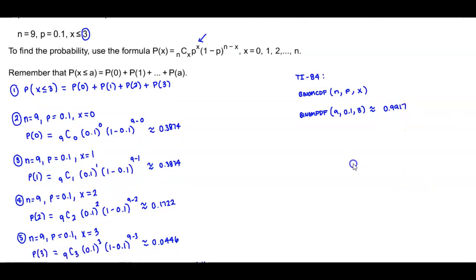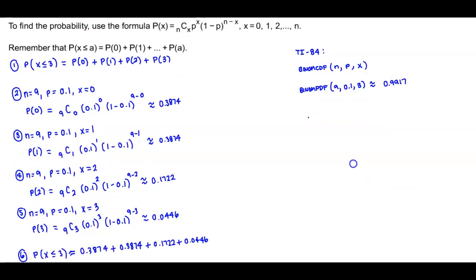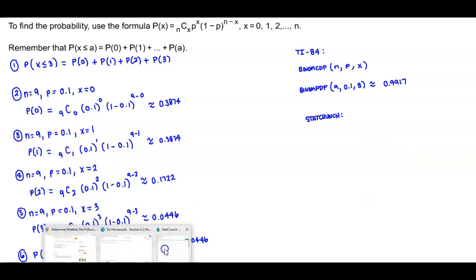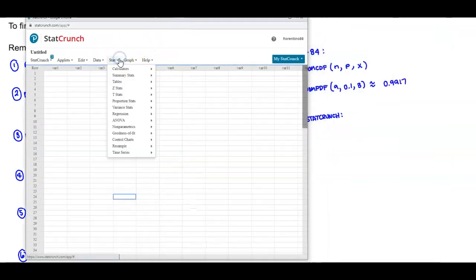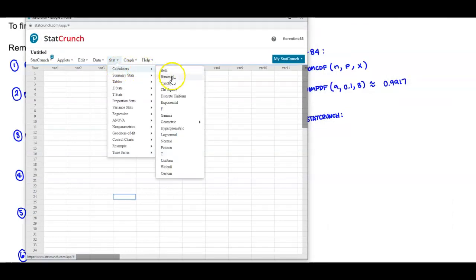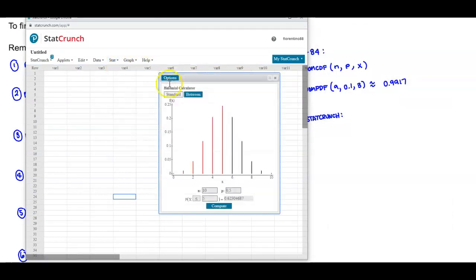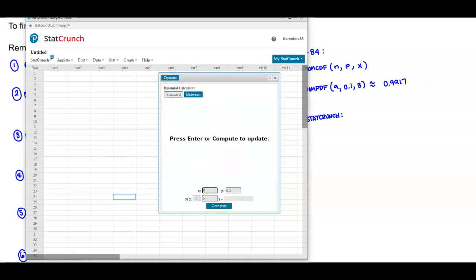Okay. And now let's go ahead and use StatCrunch. If we want to use StatCrunch, we're going to go to Stat, and then select Calculators, and then go to Binomial. Okay, and we have the standard. We know that our number of trials is 9.